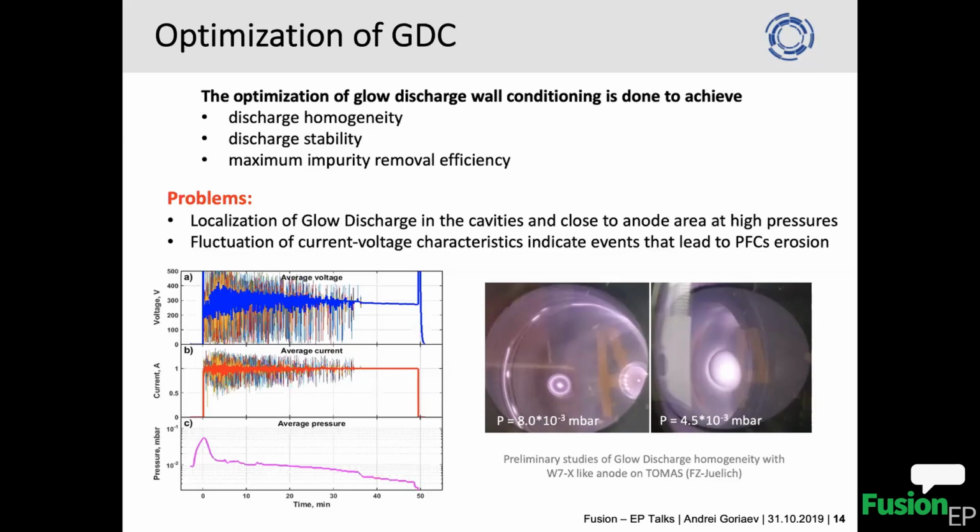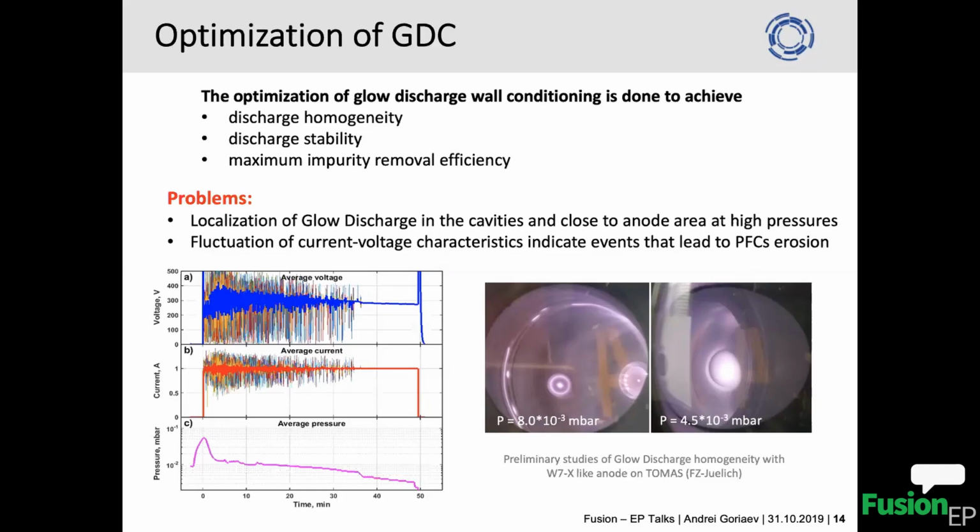So glow discharge has to be homogeneous, and those systems are developed especially for certain devices. That's why there are, for instance, a few electrodes in big devices in order to cover a larger area in case of glow discharge cleaning. And discharge stability is also important, and removal efficiency.